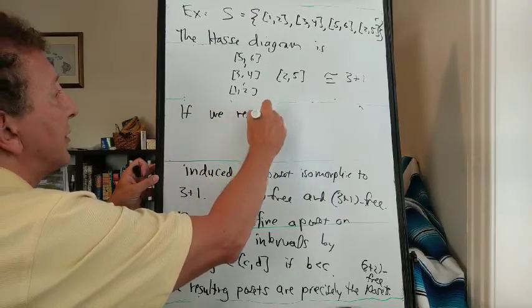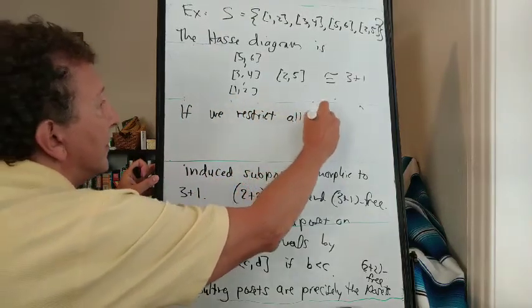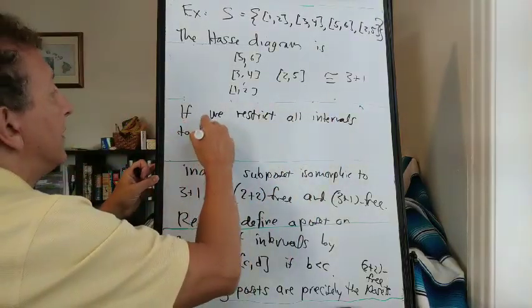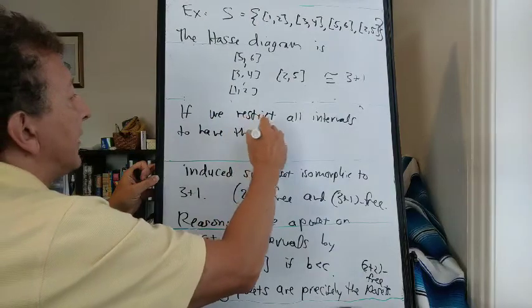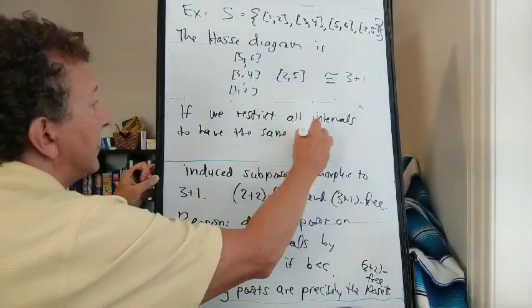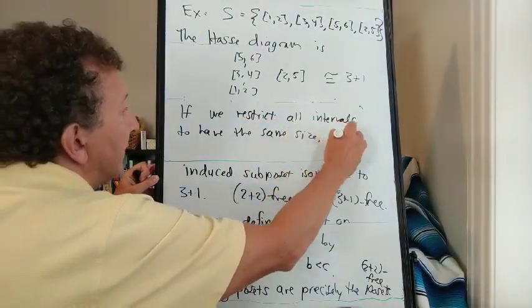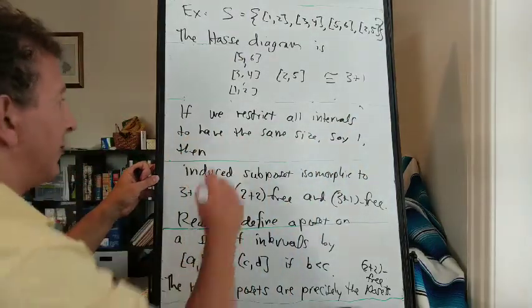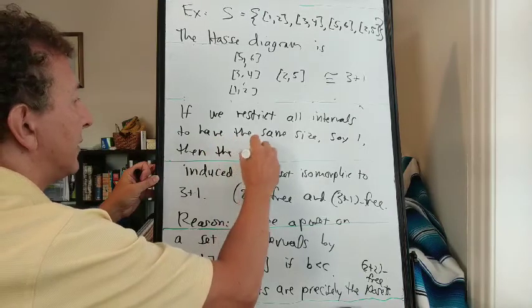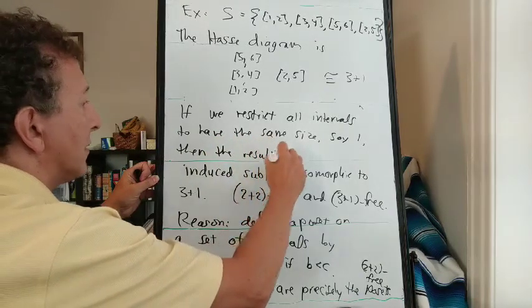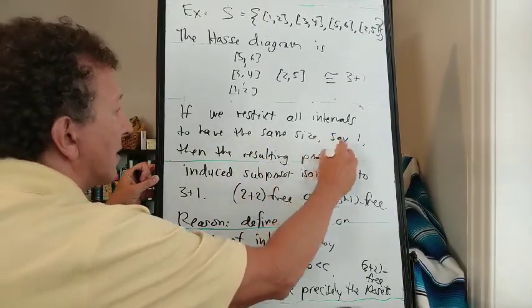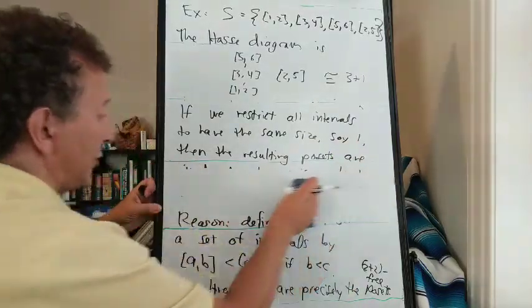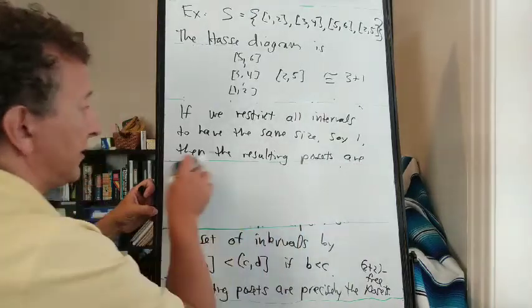Now if we restrict all intervals to have the same size, say 1, then the resulting posets are precisely the 2 plus 2 free, 3 plus 1 free posets.